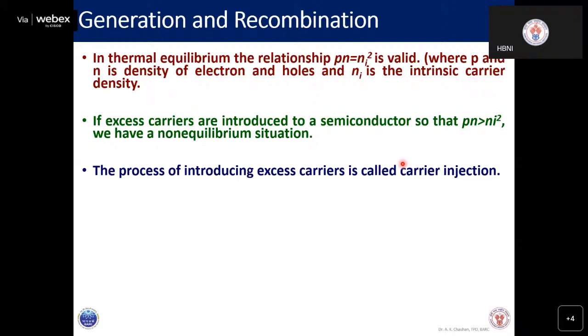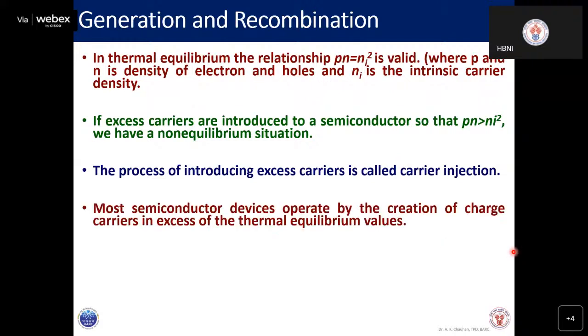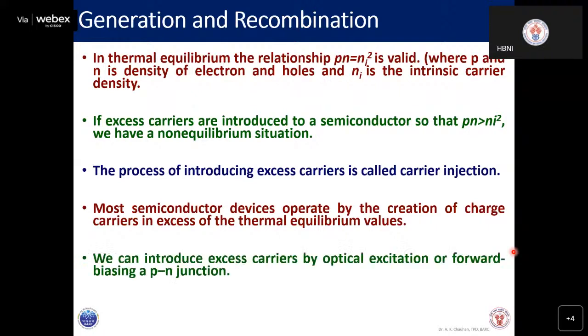The process of introducing excess carriers is called carrier injection. Most semiconductor devices operate by creation of charge carriers in excess of the thermal equilibrium values. Whatever was available in thermal equilibrium, excess charges are created more than that.